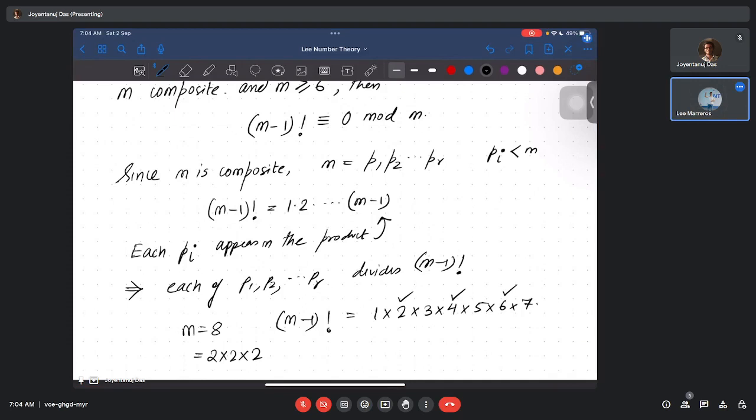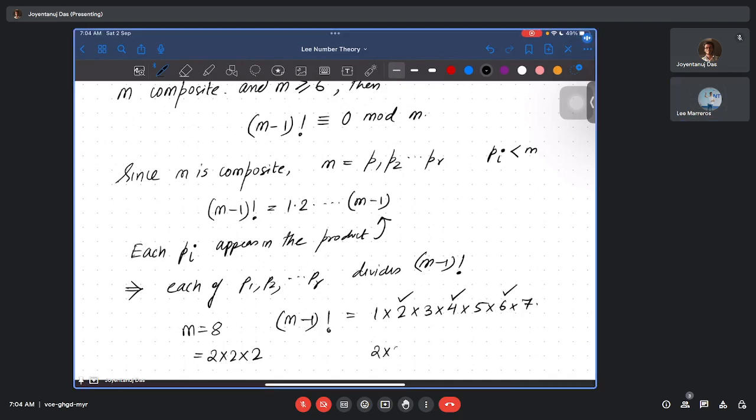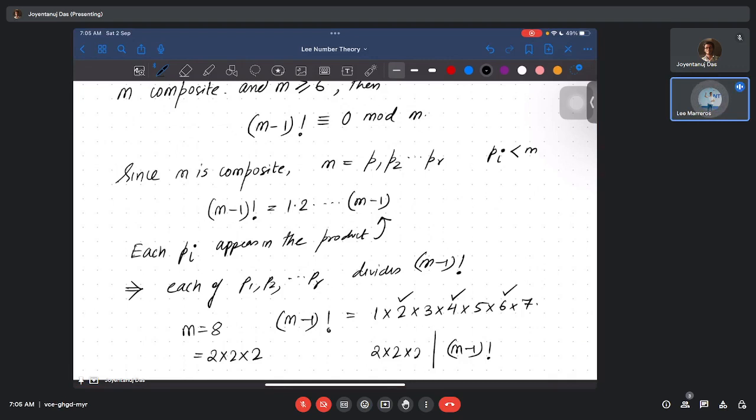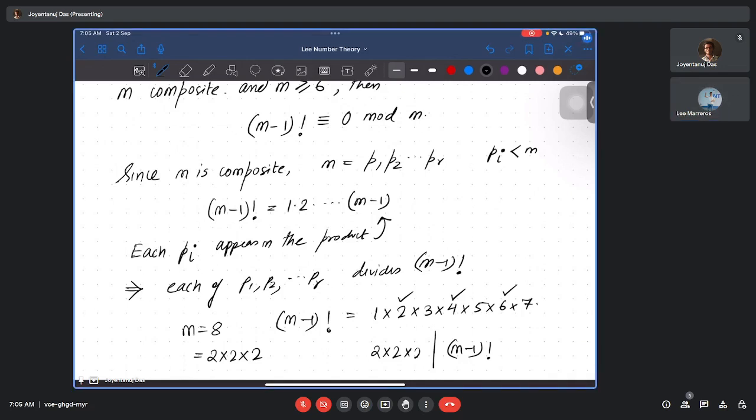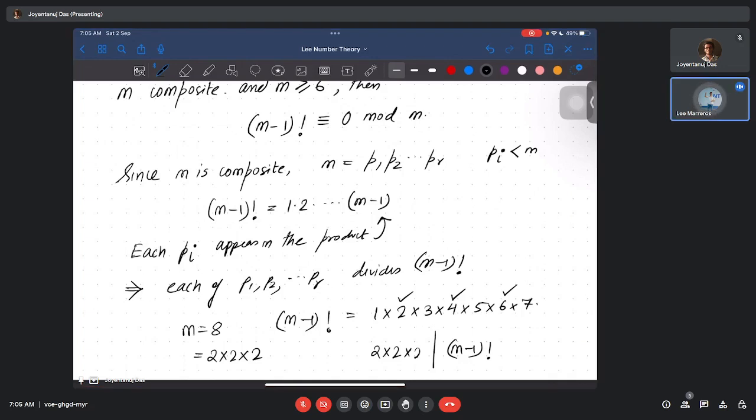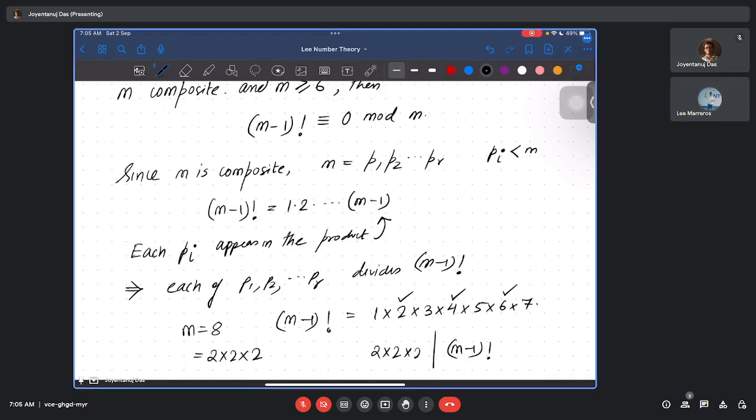So 2 times this product divides m minus 1 factorial. You're saying any of those factors could appear before m, because they are smaller than m, so that will come as a term in m minus 1 factorial. Right, divisors of n minus 1 factorial.